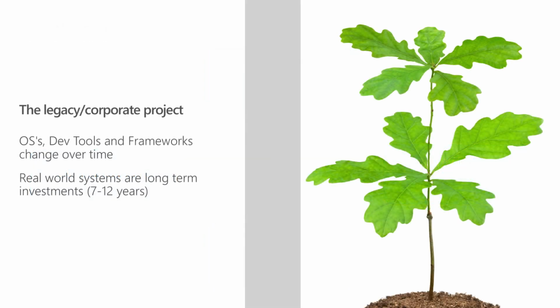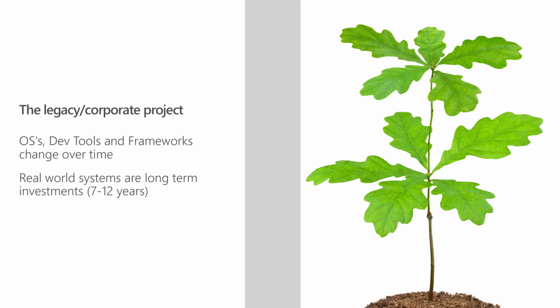Now, if you work in corporate development or you have a legacy project, you know that the life cycle of your project and the life cycle of the tools don't always coincide. The operating systems, the developer tools, the frameworks, they change over time. But during that time period, you may be still maintaining or incrementally building on a real-world system.